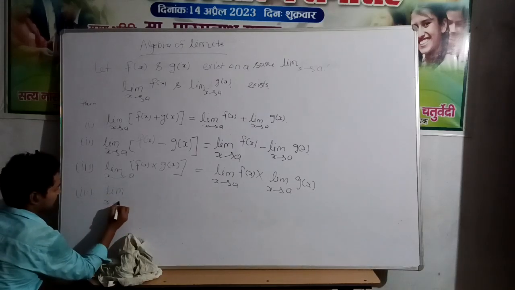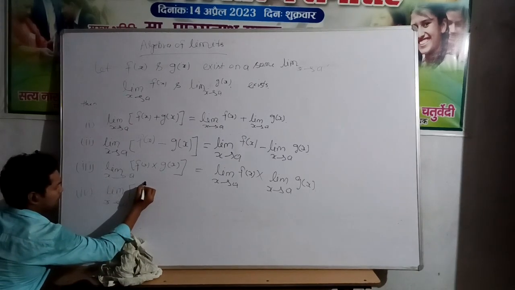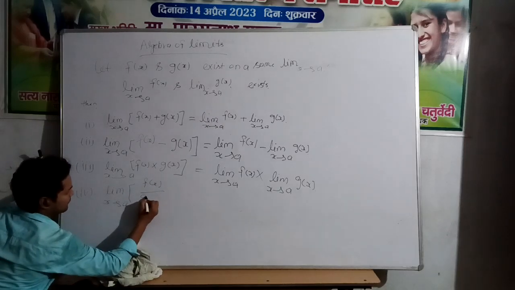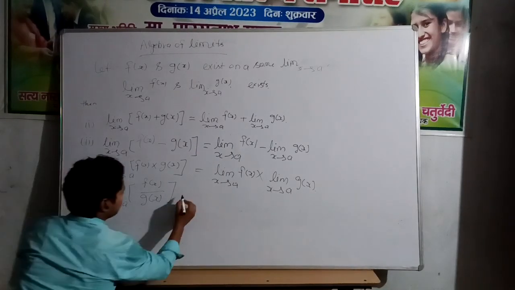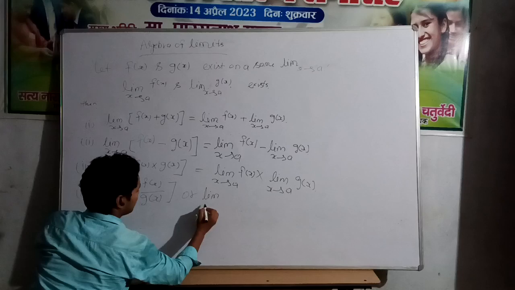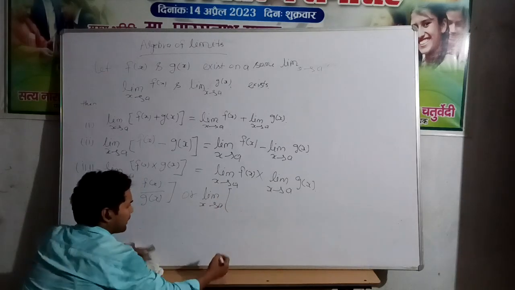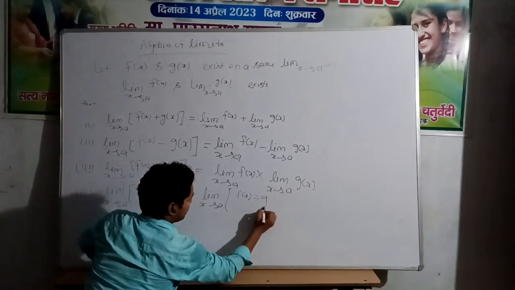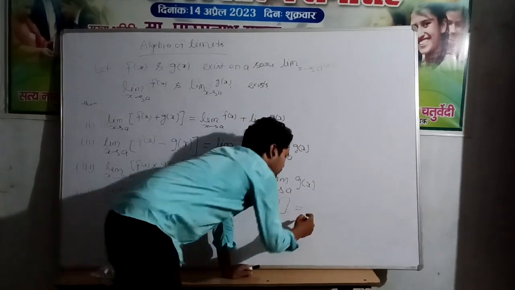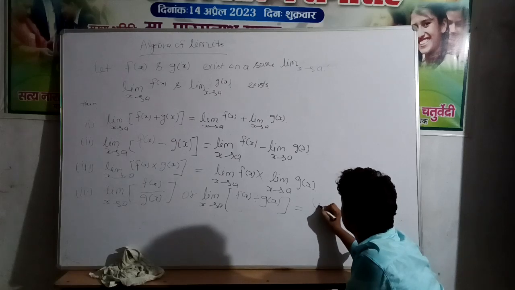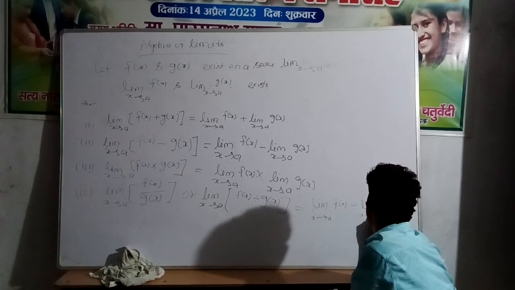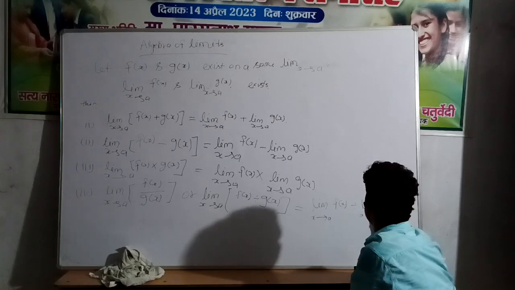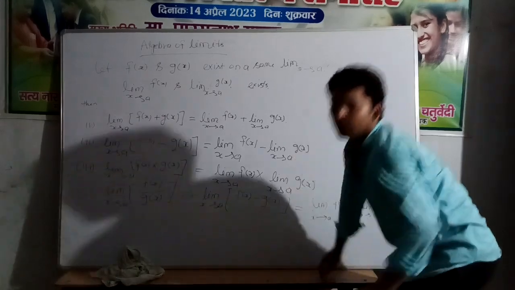The limit x tending to a of f(x) divided by g(x) is equal to the limit x tends to a of f(x) divided by the limit x tends to a of g(x).